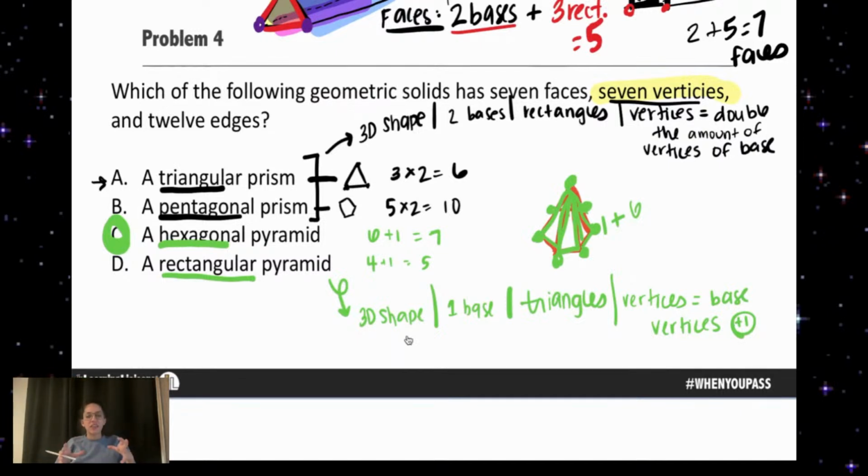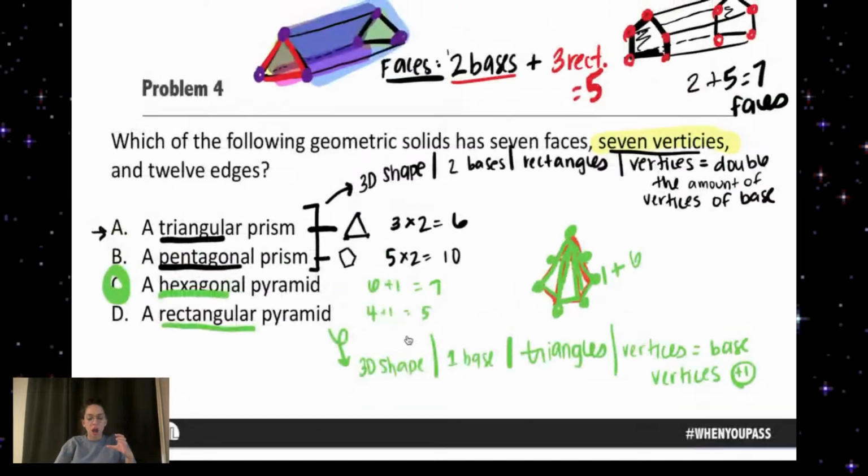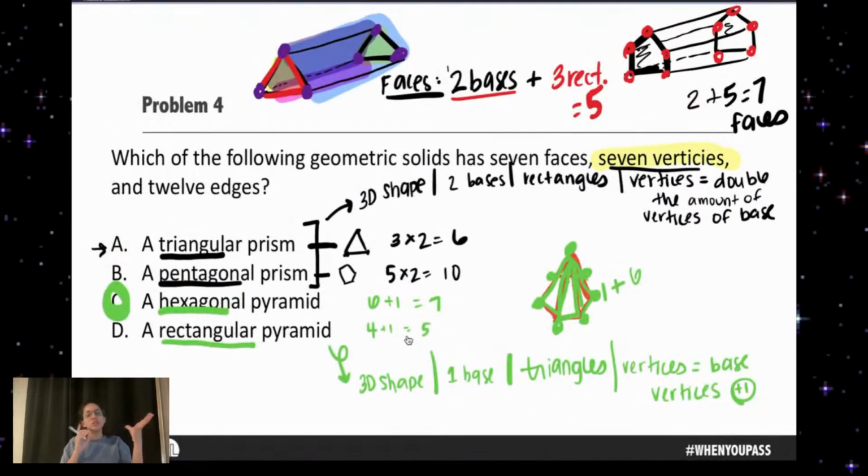Hopefully this gives you a broad picture of what these prisms and pyramids look like, but also how the numerical values of their bases and rectangles and triangles and faces and vertices all make sense with the obvious base that they've provided us with.